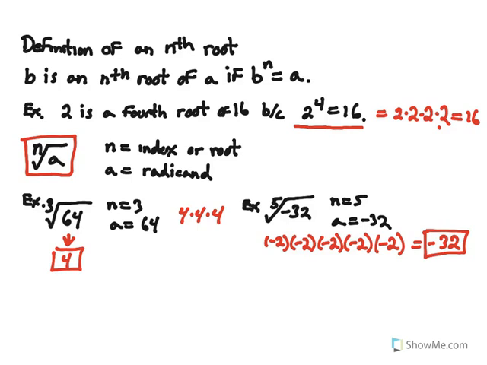If the number under the radical is positive, you're going to get a positive answer.